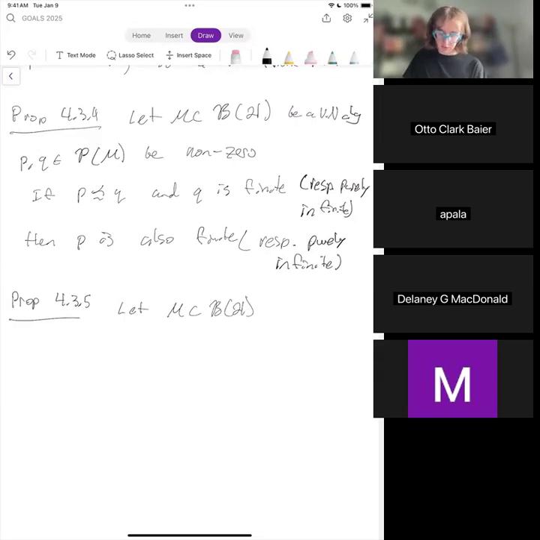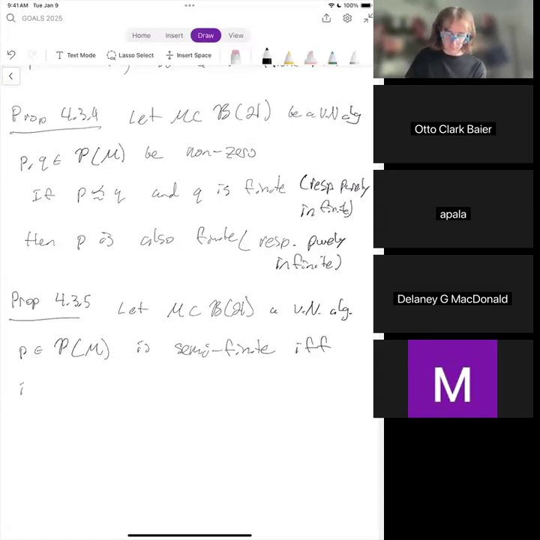Again, looking at just a general von Neumann algebra, a projection is semi-finite, recall that just means it's the sum of orthogonal finite projections, if and only if it is a supremum of finite projections.